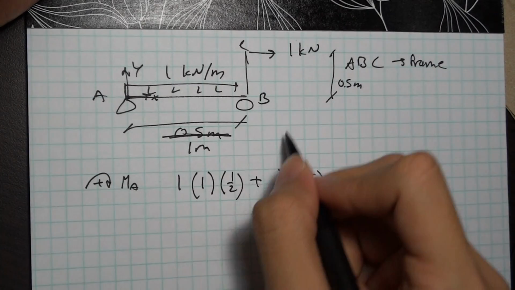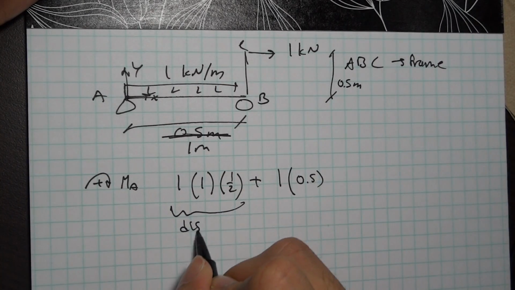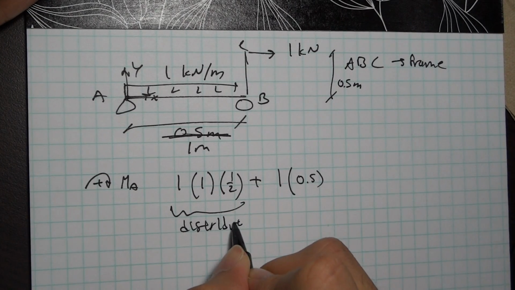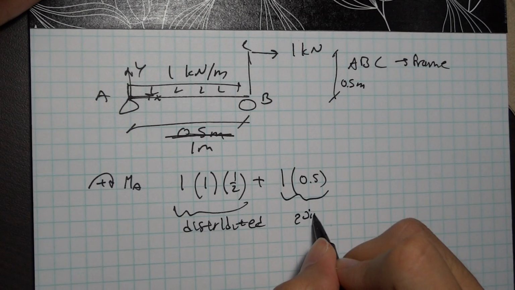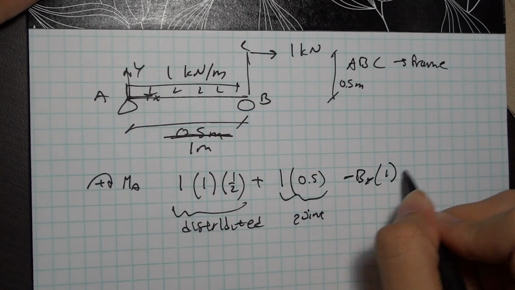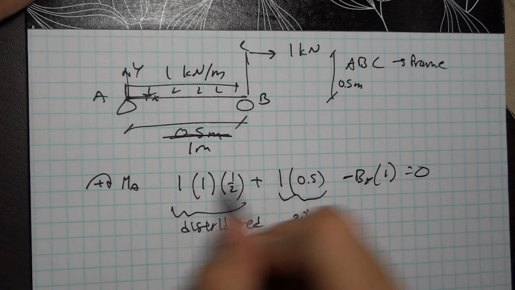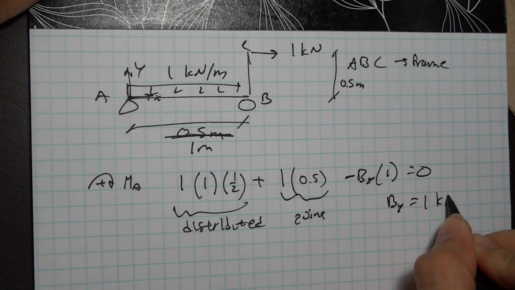So this is distributed, this is constant, this is point. Minus By times 1 equals 0. And if you do this, you'll get By equals 1 kilonewton.